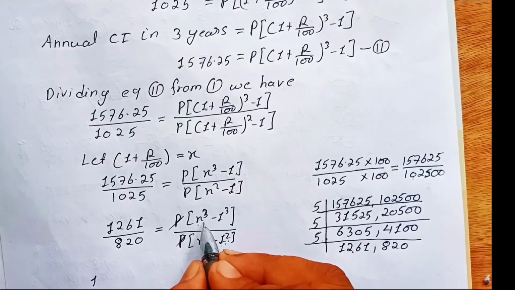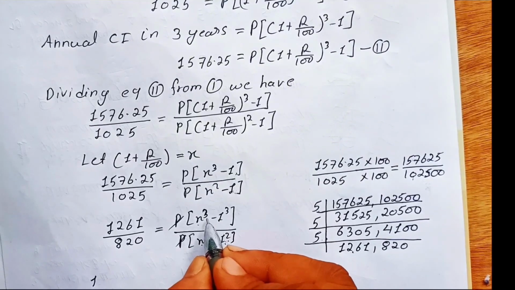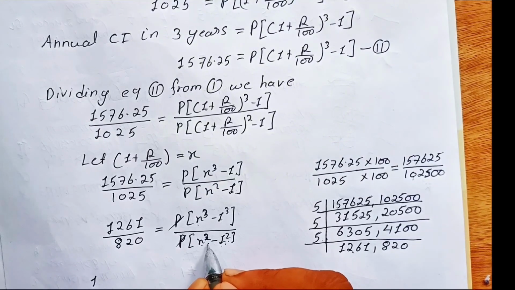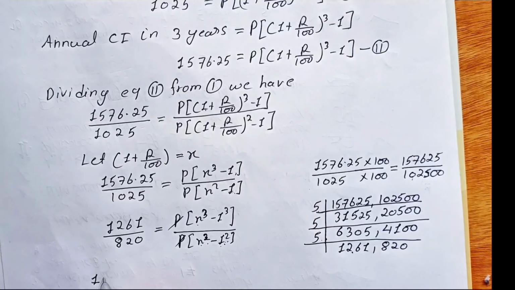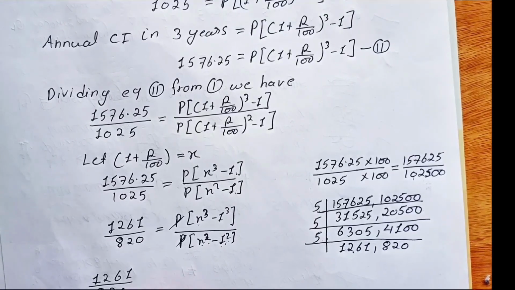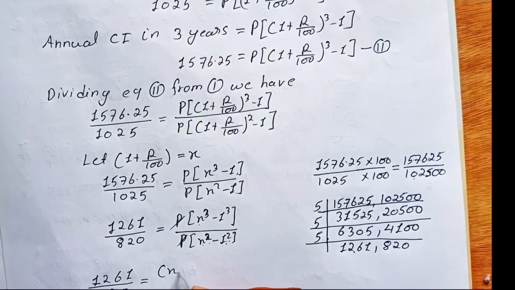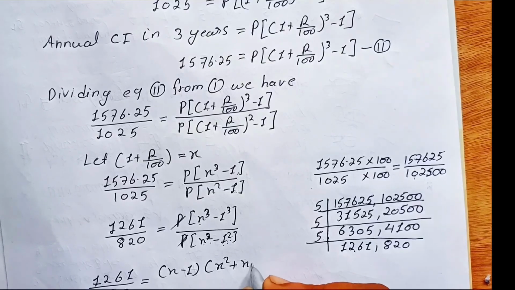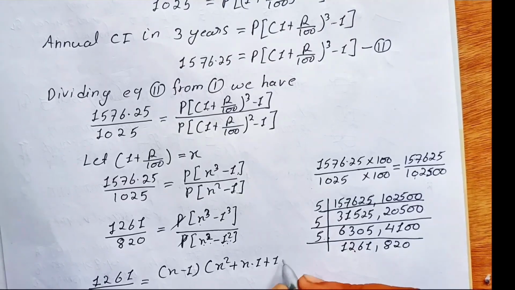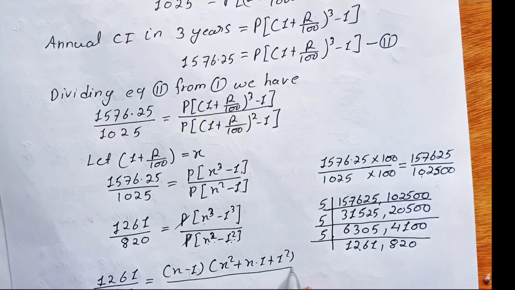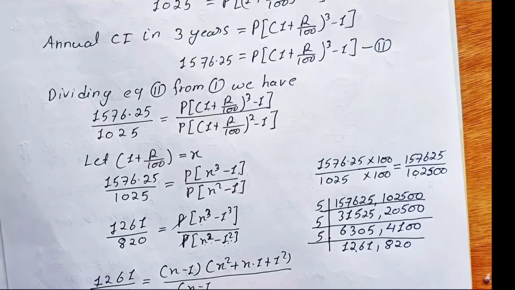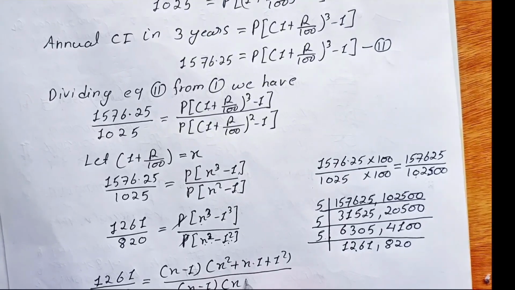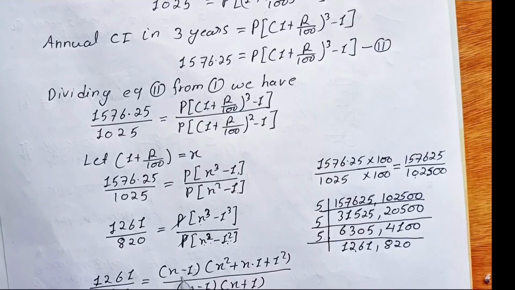Now we simply open the formulas of a cube minus b cube and a square minus b square, so 1261 upon 820 is equal to (x minus 1)(x square plus x times 1 plus 1 square) upon (x minus 1)(x plus 1).